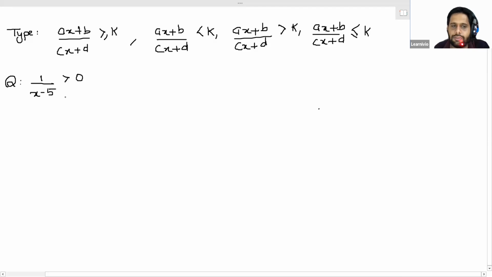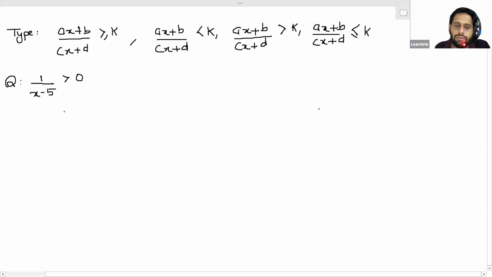So the first step is, whatever the numerator and denominator are, you need to equate them with 0 to find the critical points.